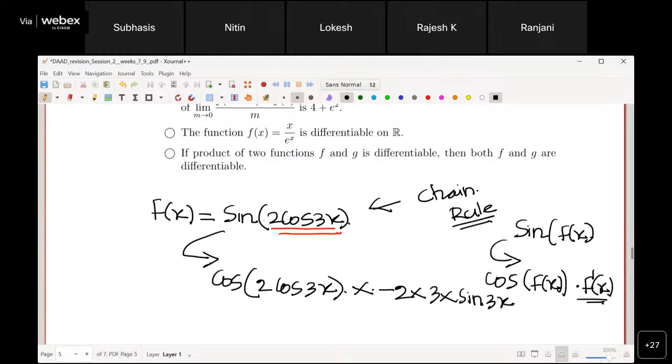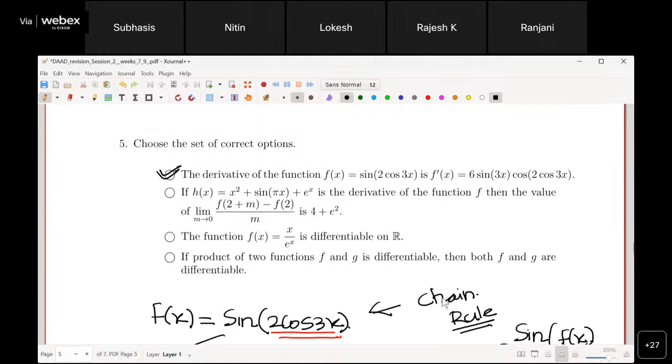Again, we are applying the chain rule to this cos 3x as well. That's why this 3 is coming. So the total derivative is cos of 2 cos 3x times minus 6 sine 3x.